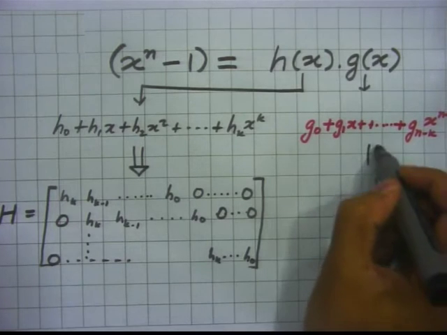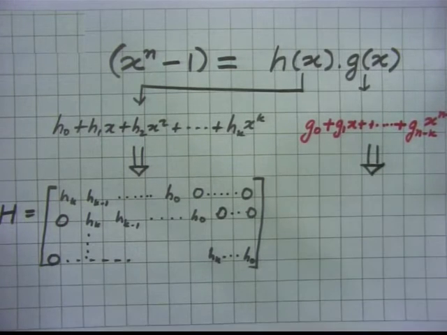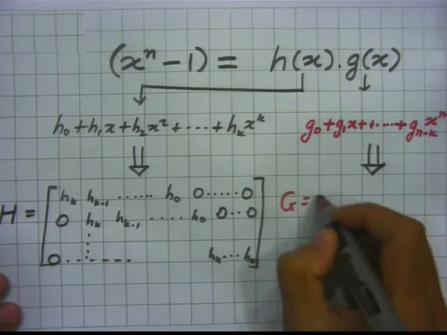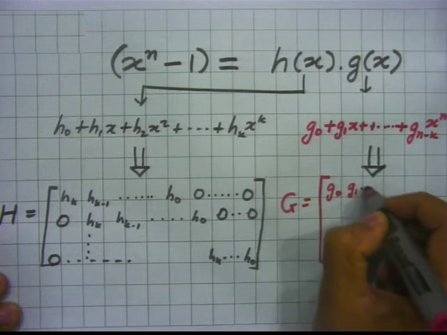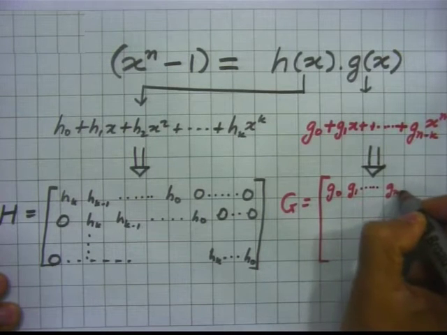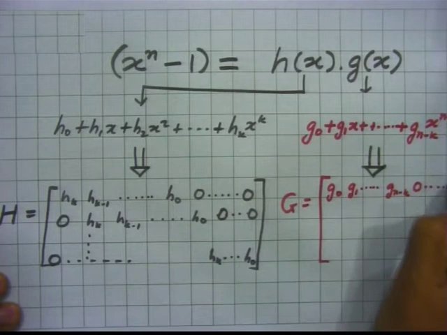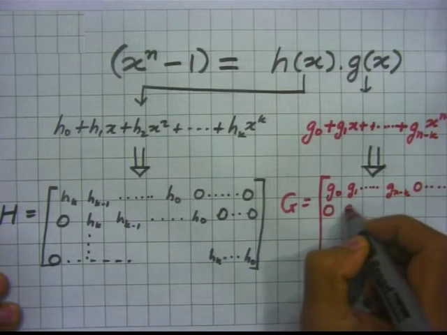And similarly, you have a G matrix which you can write as g 0, g 1 up to g n minus k, 0, 0, and then a right shift.